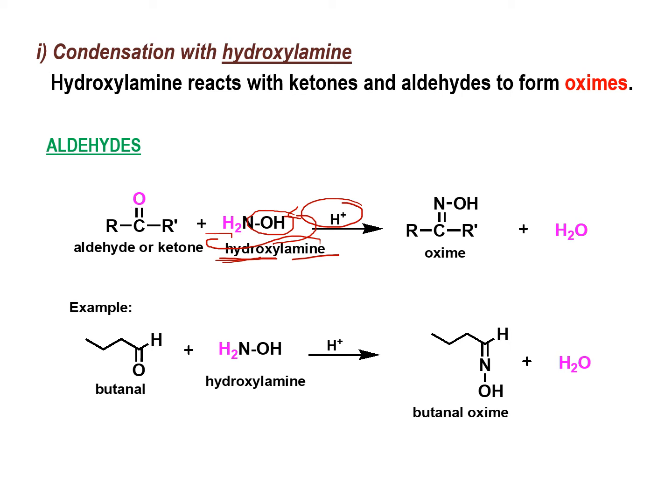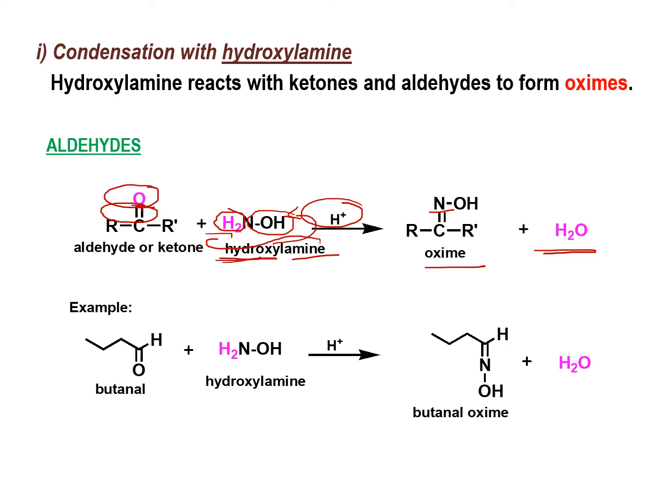The oxygen from aldehyde or ketone will react with the hydrogen H2 from the hydroxylamine. So it will form H2O, and the oxygen place will be replaced by the nitrogen without breaking the double bond. Just replace the oxygen place. So it will form oxime.